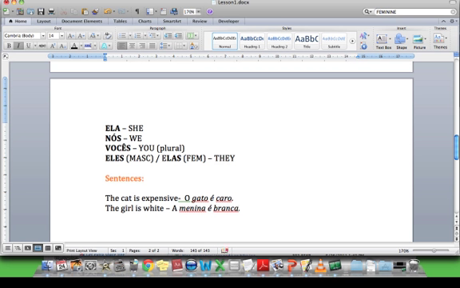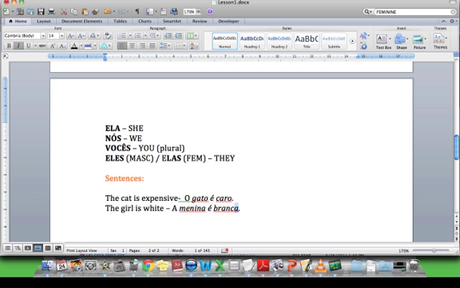It's very easy to remember what the masculine and feminine form of the article is, because just like the masculine nouns end in o, that's what you're going to have for the masculine definite article. And for the feminine definite article, you're going to have a, exactly like the nouns end in a, and the adjectives end in a. So basically you have a here, you have a for the noun, and you have a for the adjective.